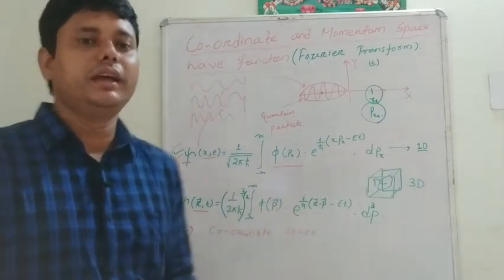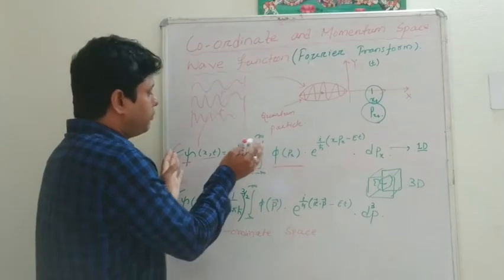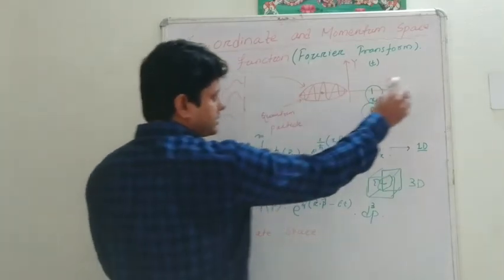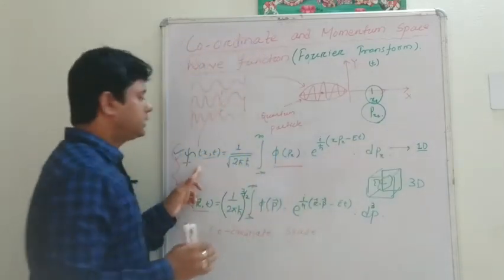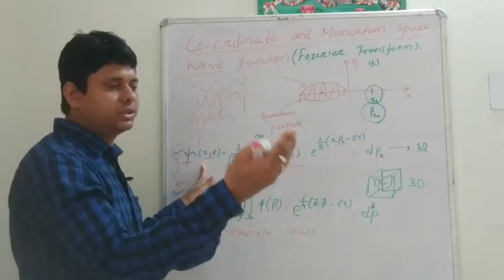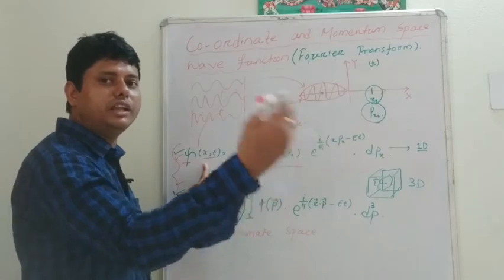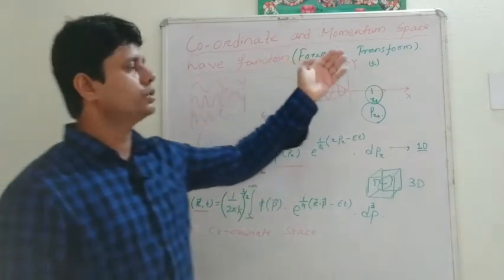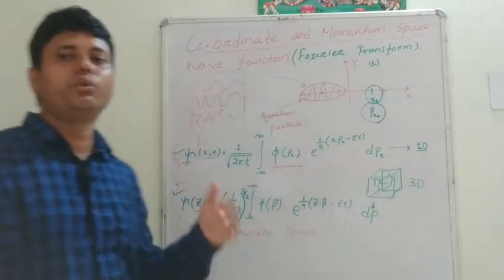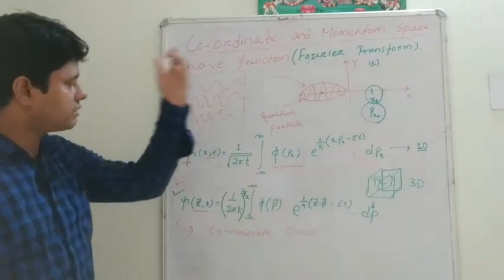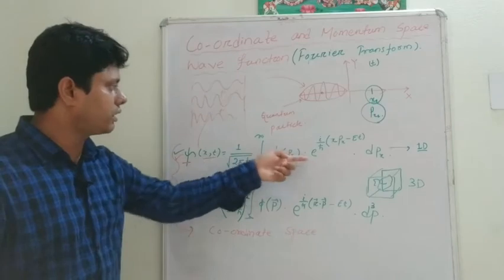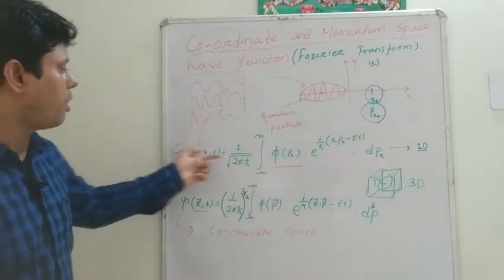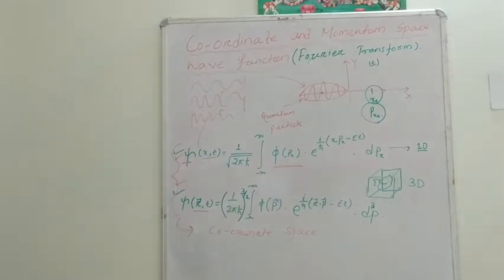Now we have to extract the wave function of the particle which is moving along the x-axis direction, but in the momentum space, the representation of the wave function in momentum space. How is it done? For that we have to use Fourier transformation, or so-called inverse Fourier transform on this one. What are we going to get?